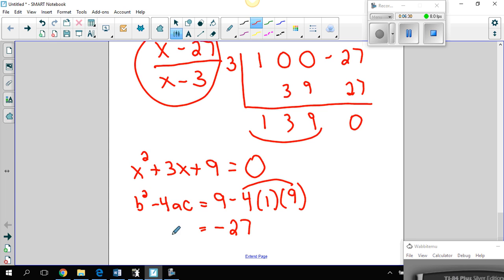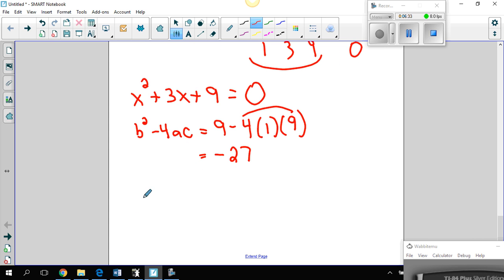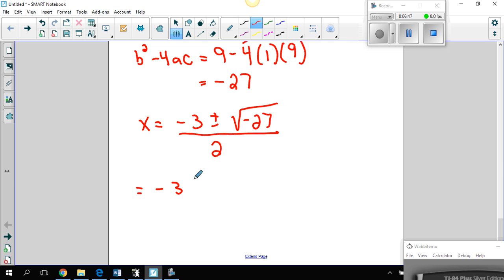So x equals negative 3 plus or minus the square root of negative 27 all over 2, which equals negative 3 plus or minus 3 square root of 3 i over 2. And you can see that this actually has two imaginary solutions and one real solution. So there's a lot to explain there, right?